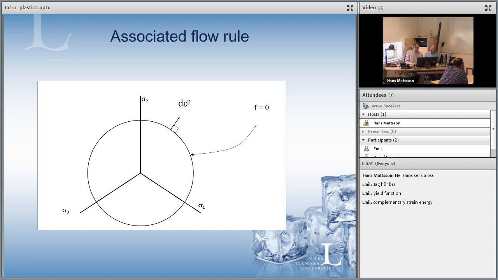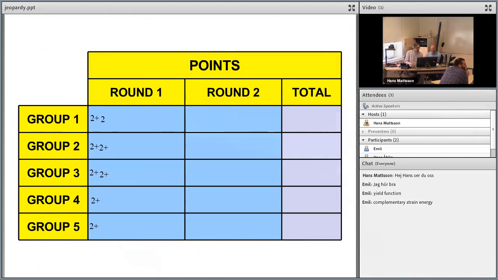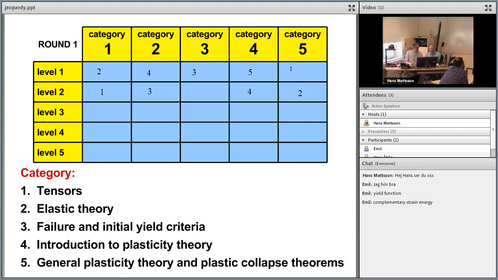Now things are starting to happen. That can happen. We now have group number 5 that should choose a question.